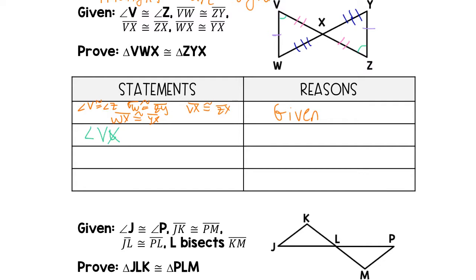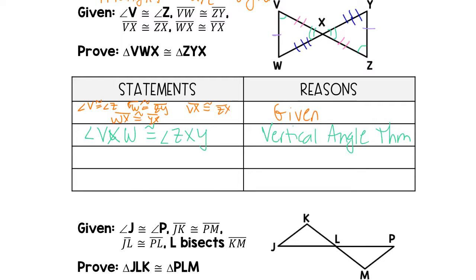We know that angle VXW is congruent to angle ZXY because of the vertical angle theorem. Vertical angles are congruent. We know those are congruent.